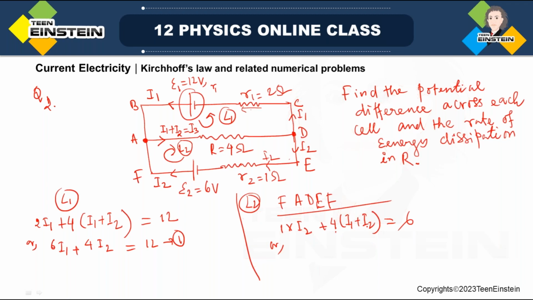So this 4 into this, 5I2. 4I1 is equal to 6.